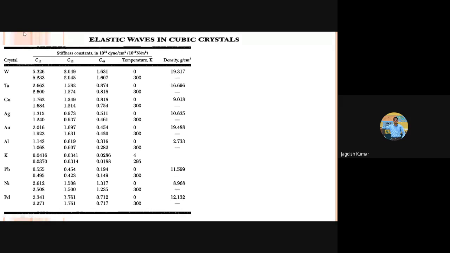This is a general trend. So now, can you think of explaining this? Why is it happening that at low temperature these are higher, and at high temperature these are lower? How can we explain this? Or what do you expect, intuitively at least, to explain this decrease in the stiffness constants with temperature?